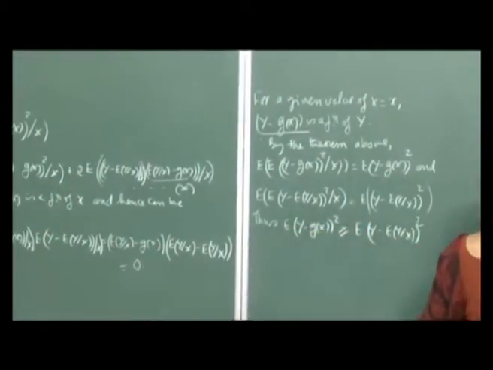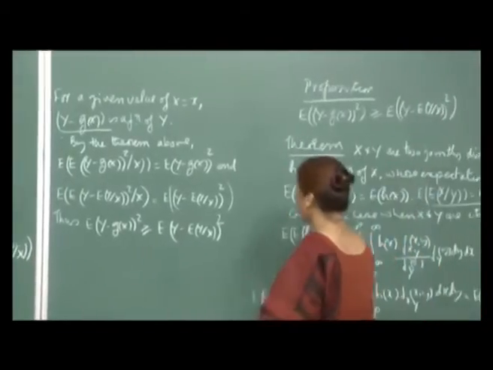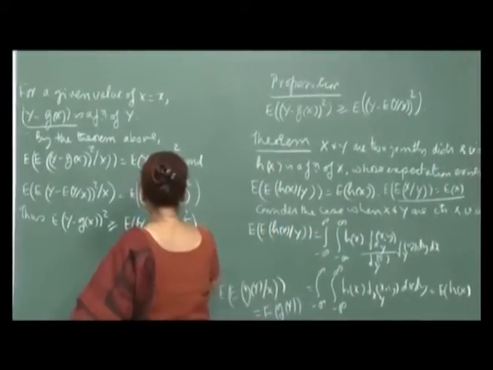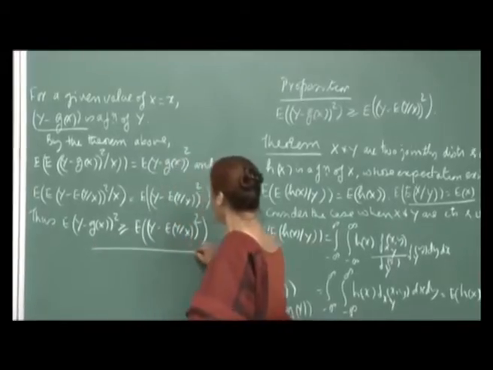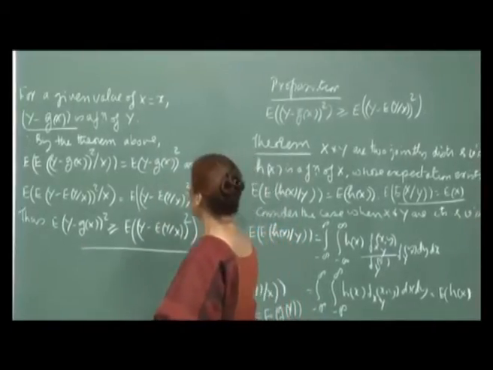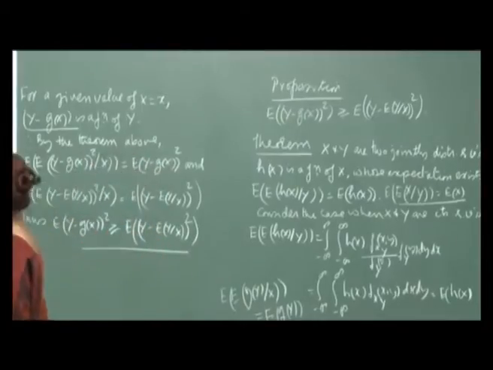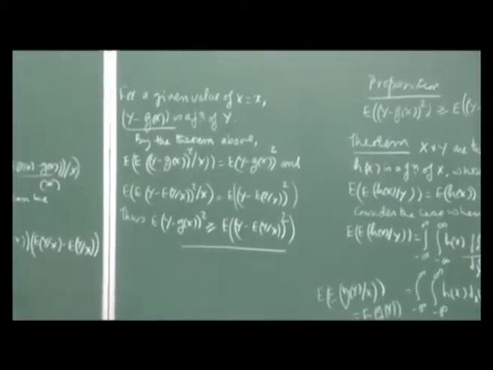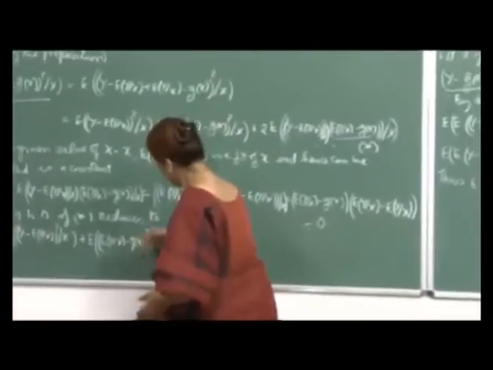And since these expectations of squares are non-negative, this portion, the expected value of (expectation of y given x minus g(x)) whole square, will be non-negative.